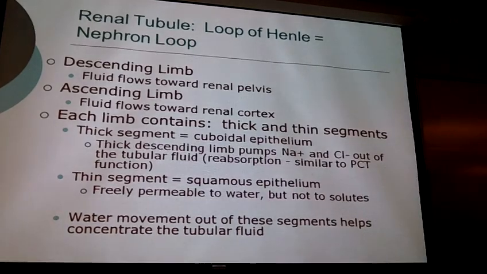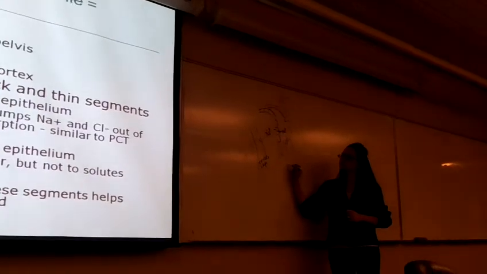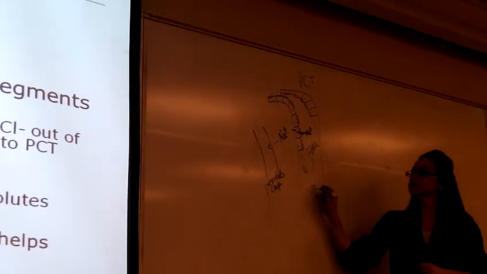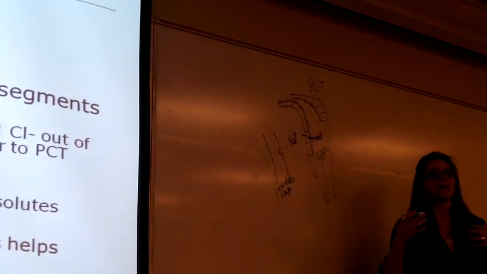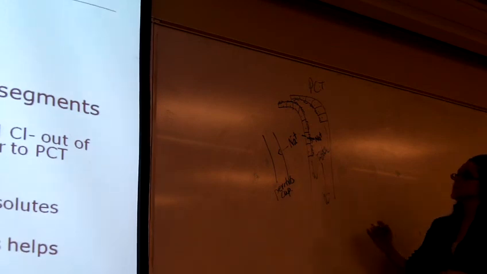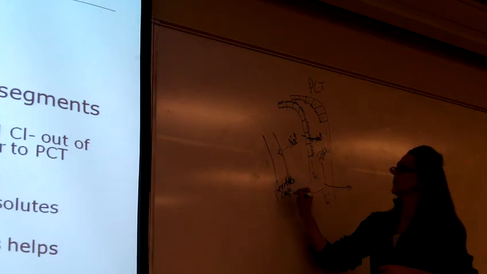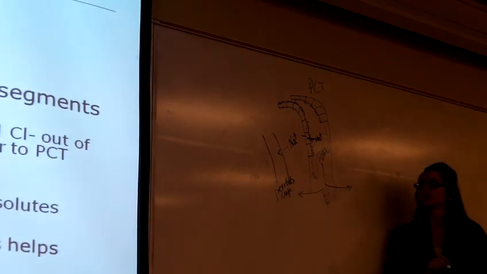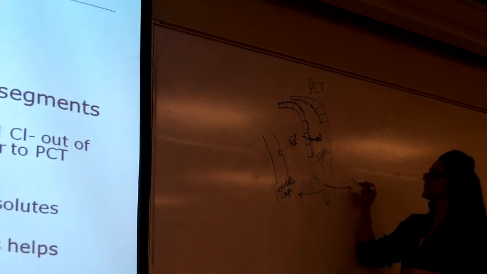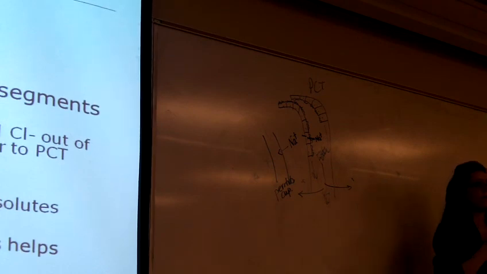And again, I think we'll talk about this in more detail, but just think, if we wanted to reabsorb water that was here in the filtrate, water is not going to leave this filtrate unless it has a reason to. Water will move via osmosis. So if we want water to move like this and ultimately into these peritubular capillaries, we have to have a certain osmotic concentration out here in that interstitial fluid to draw that water out.